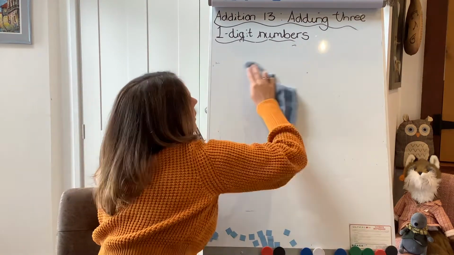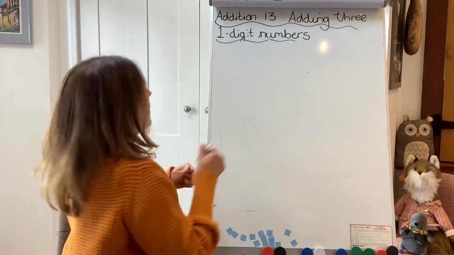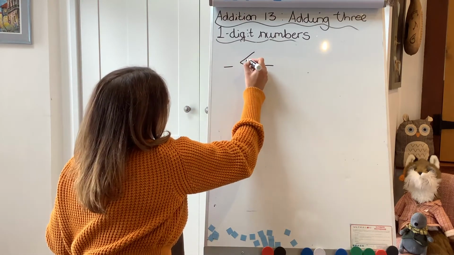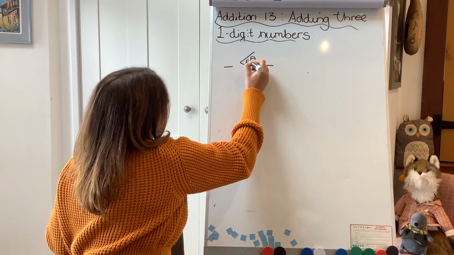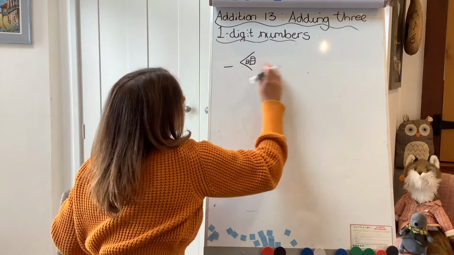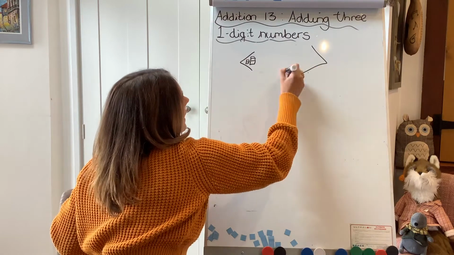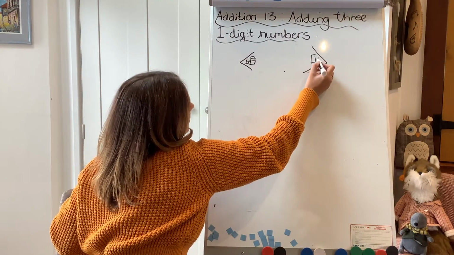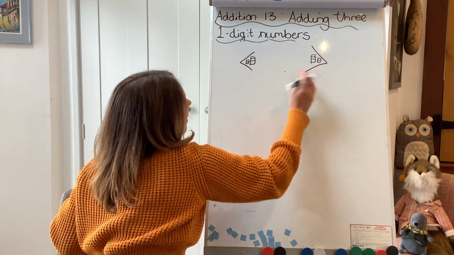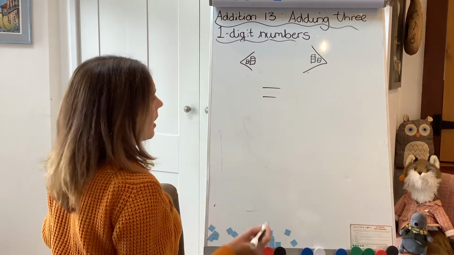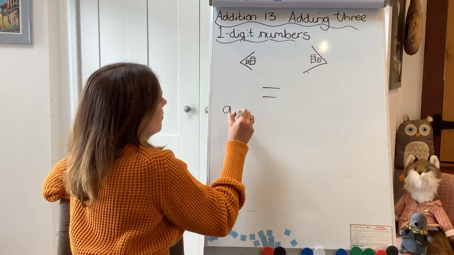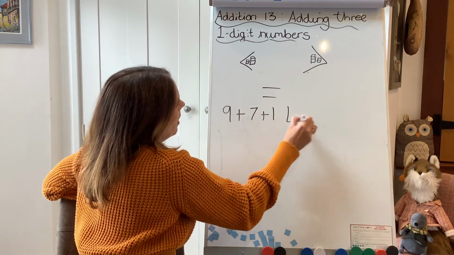Using the symbols. So we've got this is less than this, or we've got this is greater than this, or we've got equal to. Make these addition sentences correct. 9 and 7 add 1.